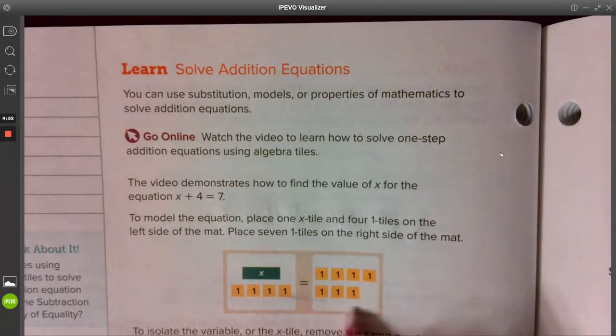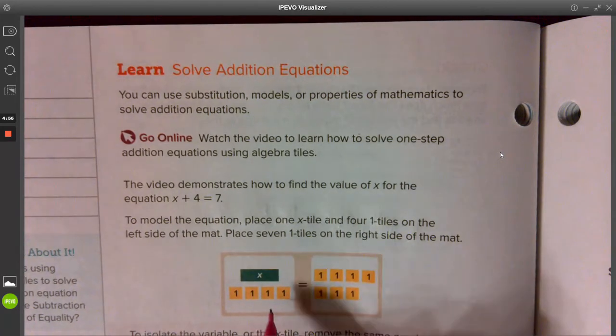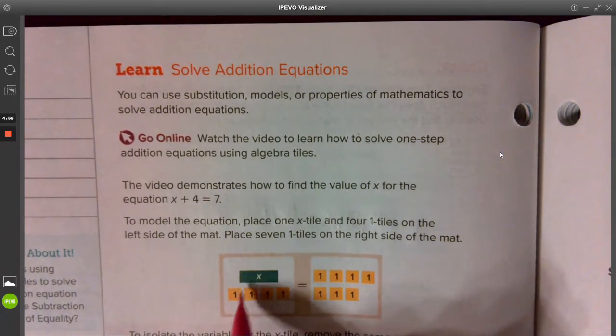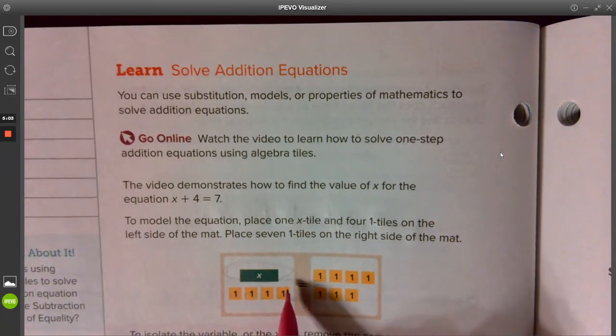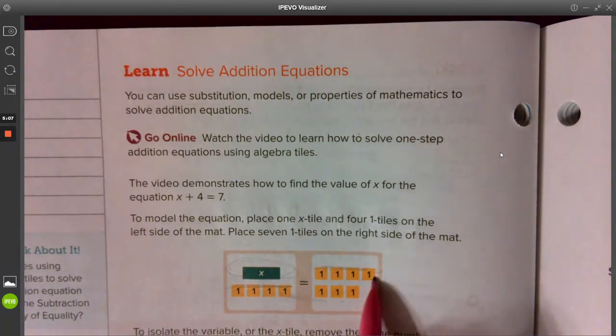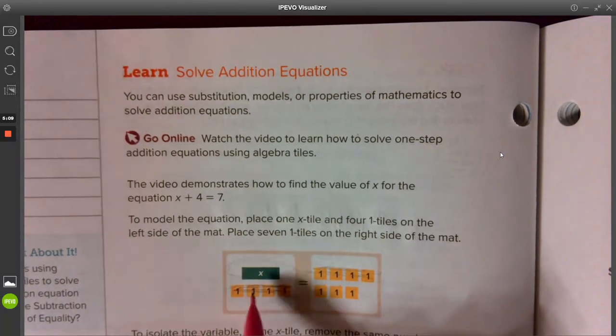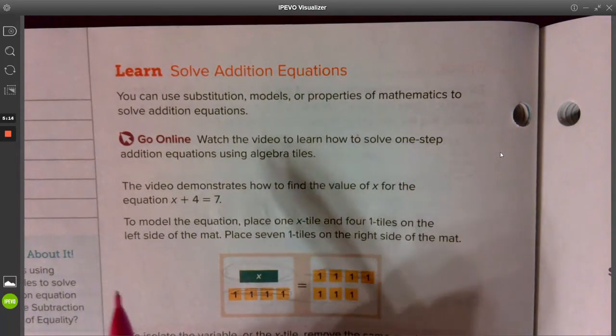Well, if this side of the scale has 1, 2, 3, 4, 5, 6, 7, okay, and we have over here x plus 4, what does x need to equal? Well, here's 4 and here's 4, so I can cross that out. What would be left behind? We'd have x equals 3. Okay?